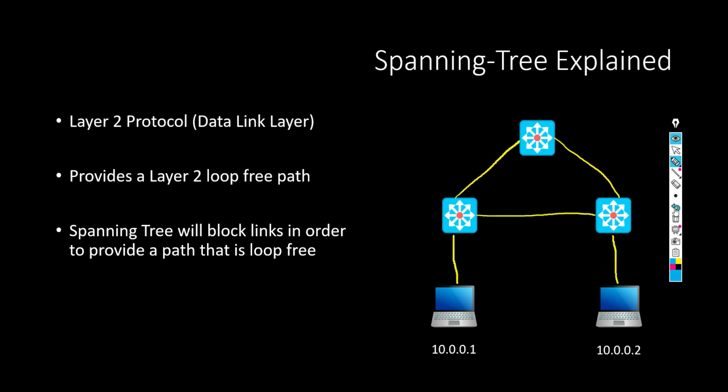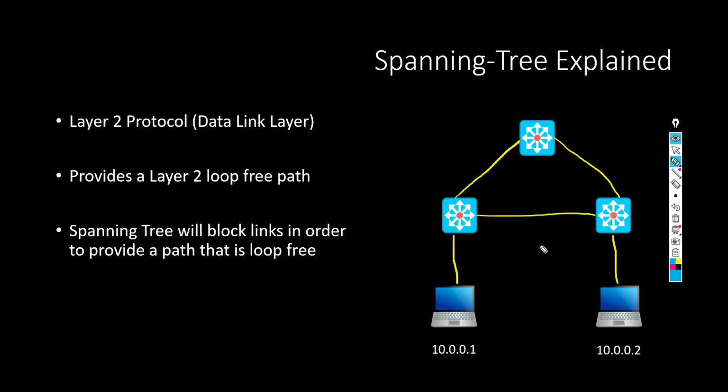But when you add this additional link, you do add a situation where traffic can go here and then loop back around and come right back. This is what spanning tree is trying to avoid. So what spanning tree will do is say: I'm going to block some of the links in the network so you cannot use them.